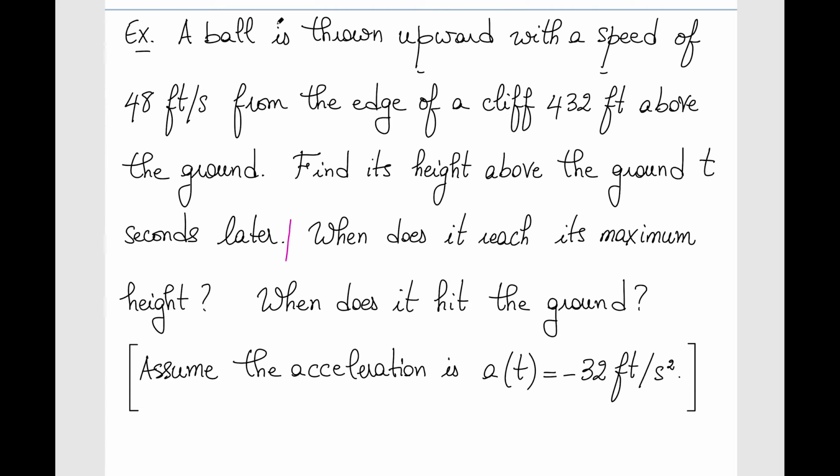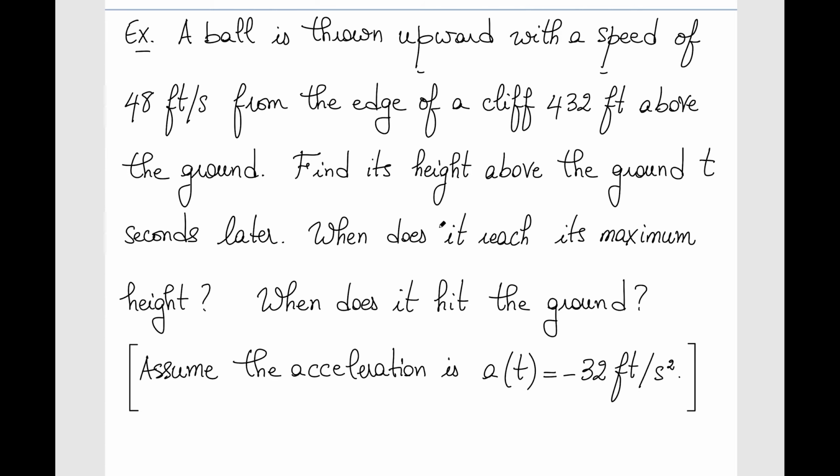Now, there are two more questions. When does the ball reach its maximum height? Well, the maximum height means when the velocity of the ball is 0, when the position function has reached its maximum.